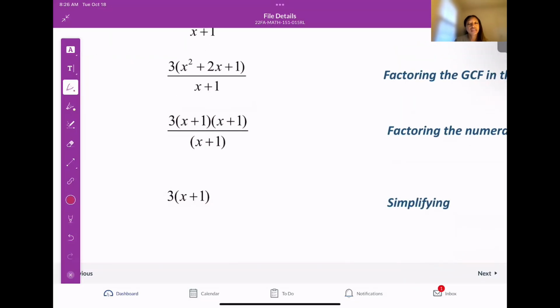So after adding, our numerator ends up factoring to 3 times x plus 1 times x plus 1. Our denominator is x plus 1. So x plus 1 cancels out, and we're left with just 3 times x plus 1 as our answer. So even if you have common denominators, that's easy for adding, but after you add, you have to simplify. So factor as much as you can, and then cancel out common factors.